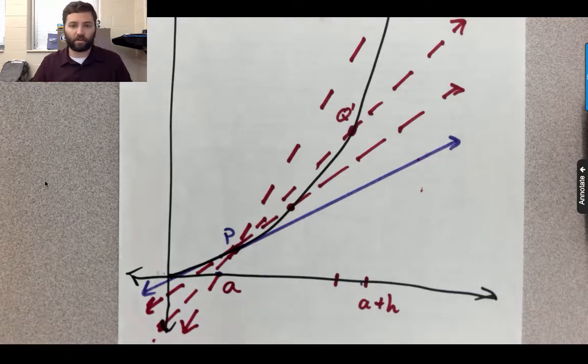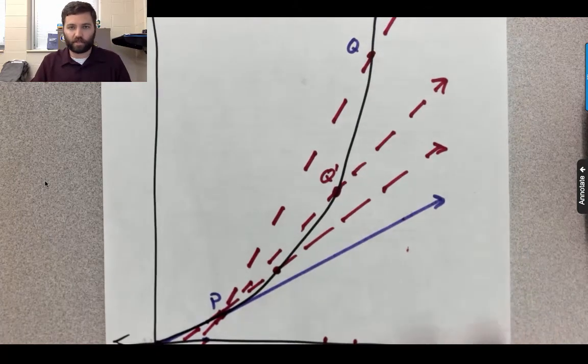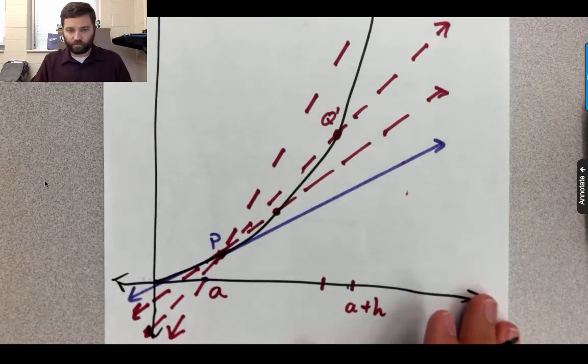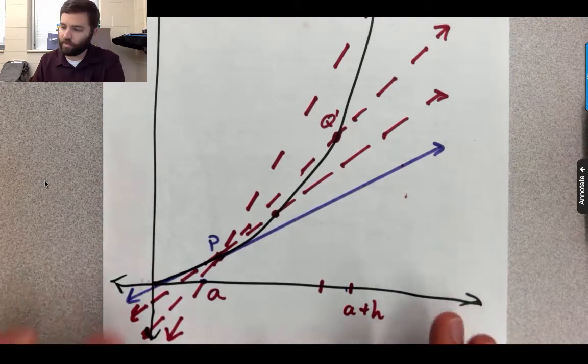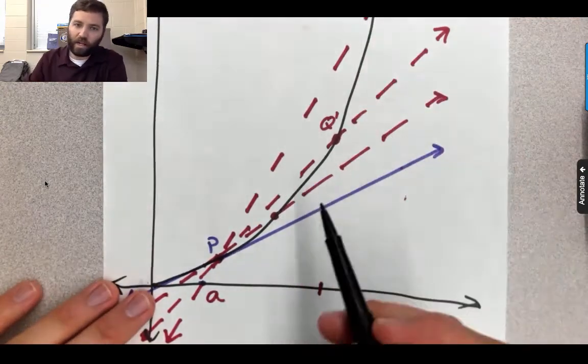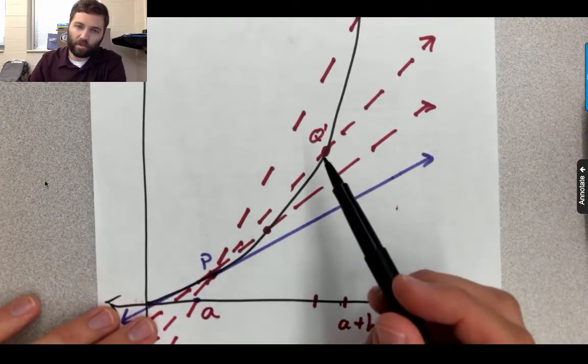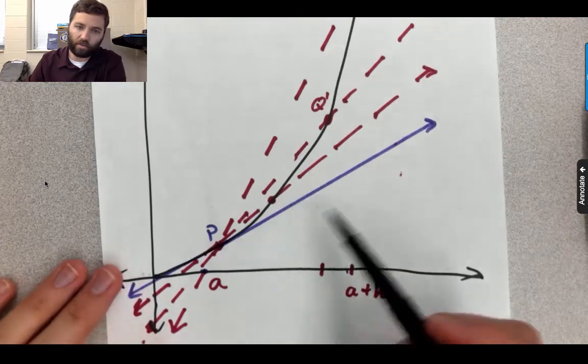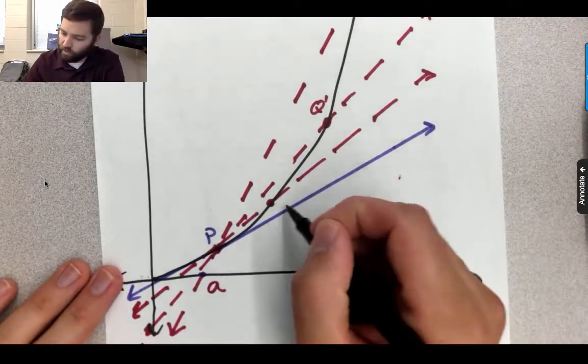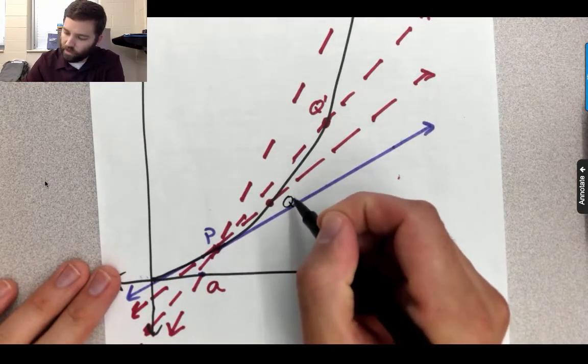And I can't get this entire graph on the screen here, I guess, but what I've got is a curve. So we've got the curve in black. And then we have these secant lines that we'll call PQ, then PQ1, and then PQ2. We'll call this Q2 here.